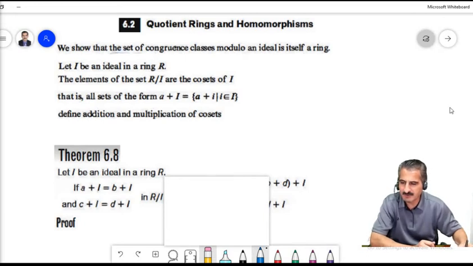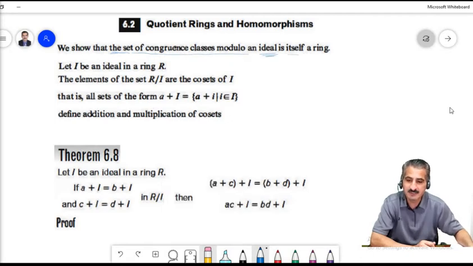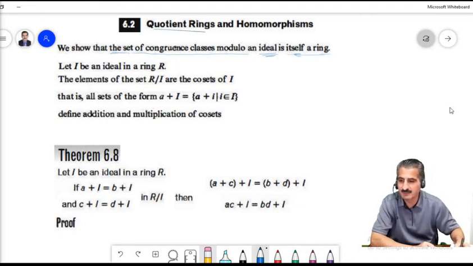We will deal with the set of congruence classes modulo an ideal. This set makes itself a ring, which we call the quotient ring. So we start this way.